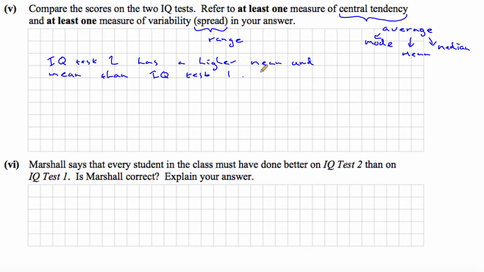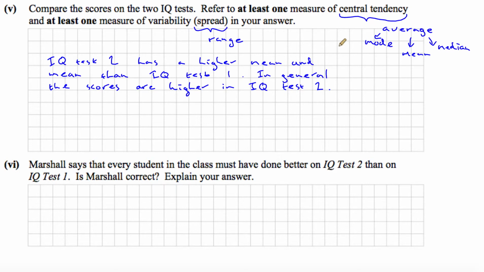So that means we could say in general the scores are higher in IQ test 2. If the mean and the median is higher, we can say that in general the scores are higher in IQ test 2.